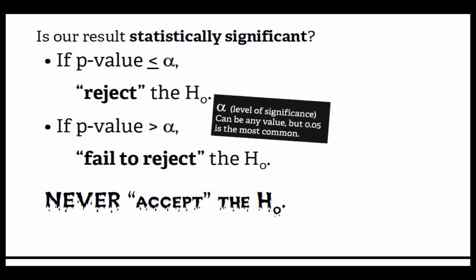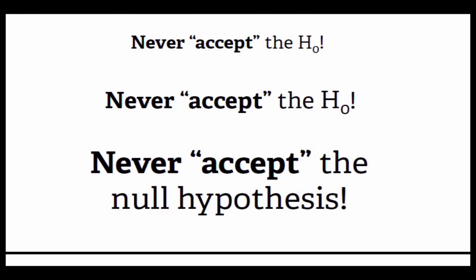If I fail to reject something, do I accept it? No. Failing to reject means we never accept. Even if we don't have enough evidence to reject, we never accept. You never, ever accept. We always say reject or fail to reject.